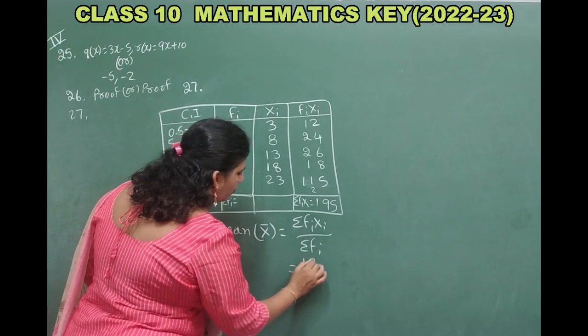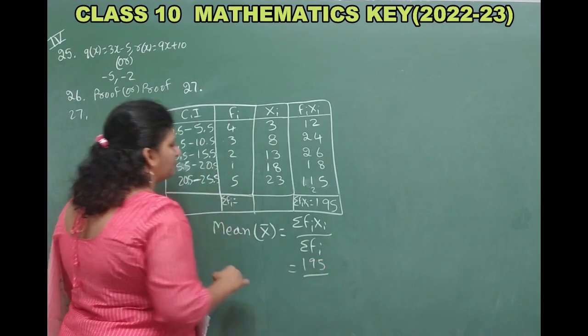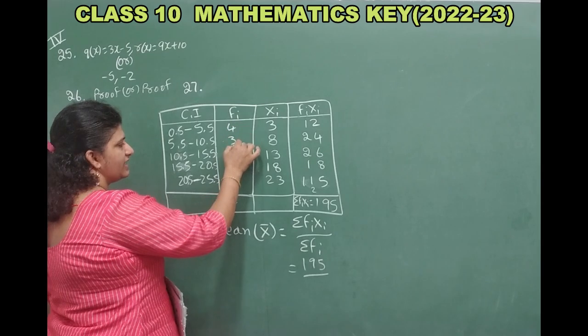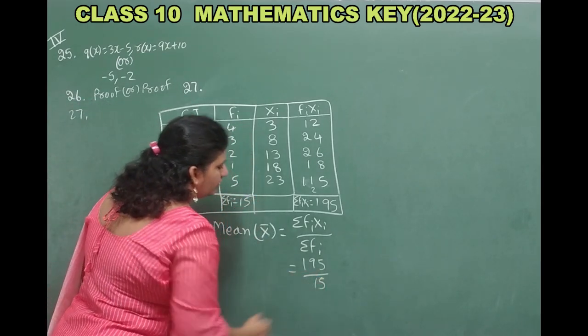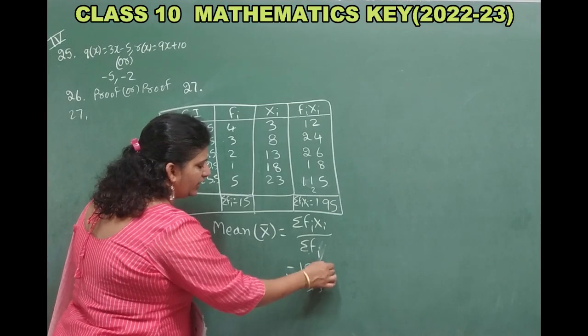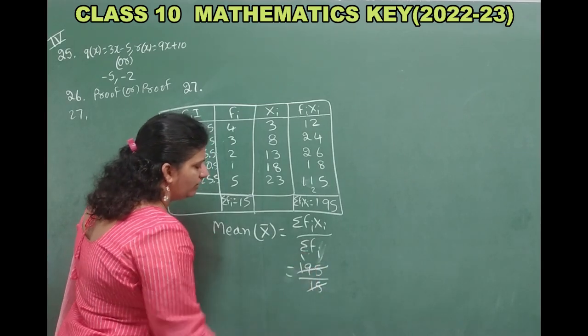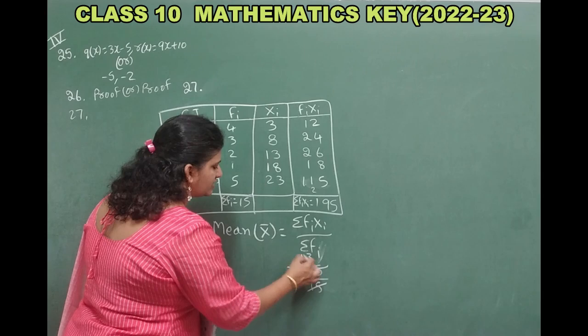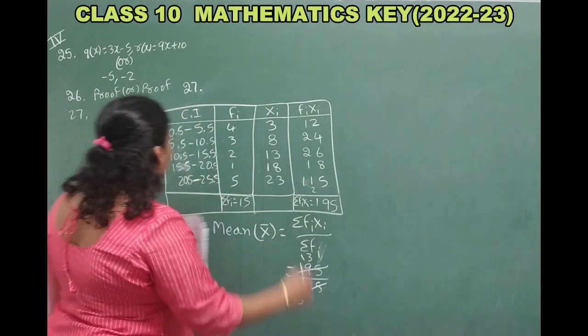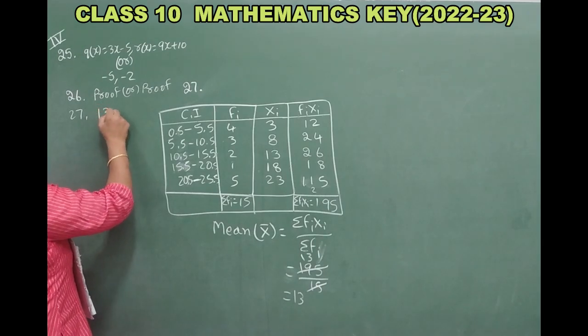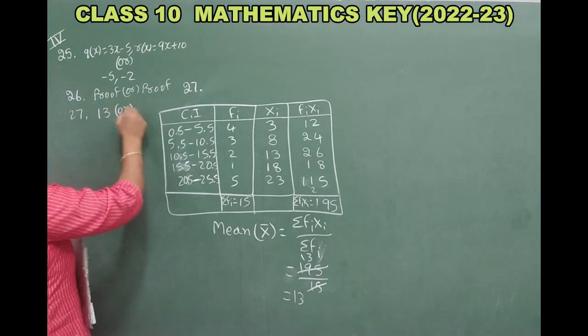Now this will be 195 by summation Fi, which is 15. Substitute here. Now 15 1s are 15, 45 left. 15 3s are 45. Therefore, what is your mean value? Mean value is 13. 27th answer for mean is 13.